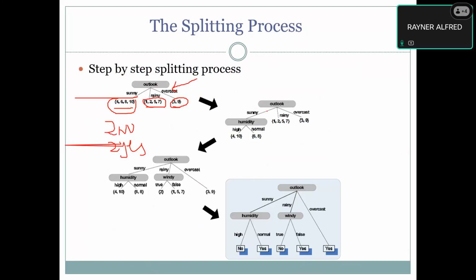Once we go for the first attribute, this is the second attribute, then the third attribute, and finally we have this. So when do we decide to stop? When all the members that you see here have the same label.